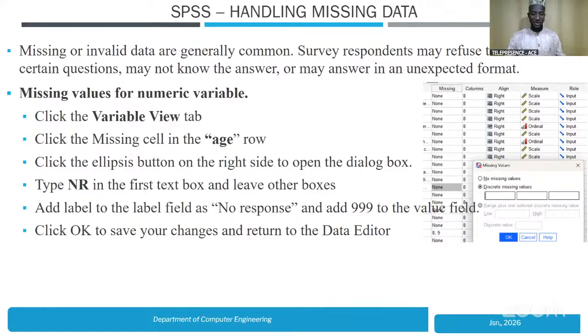But when we collect the form from the survey, we discover that there are some data points that are missing. So how do we now handle this? This one can affect the analysis of our data. To do this, we go to the variable view.